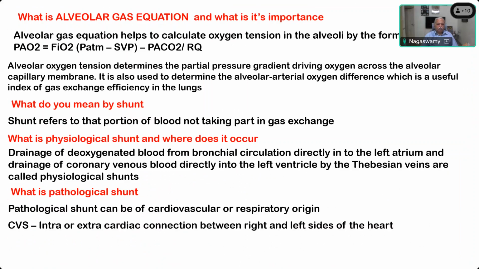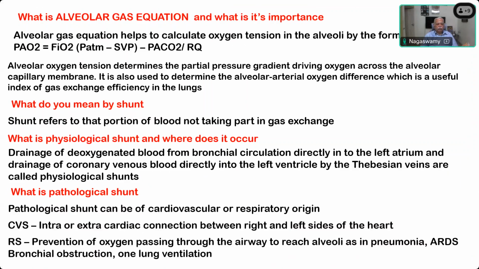Intra or extracardiac connection between right and left side. That is right to left shunt, isn't it? We always talk about tetralogy of Fallot. Okay. And respiratory, prevention of oxygen passing through the airway to reach alveoli, like in pneumonia, ARDS, bronchial obstruction, or one lung ventilation. So these are the causes.